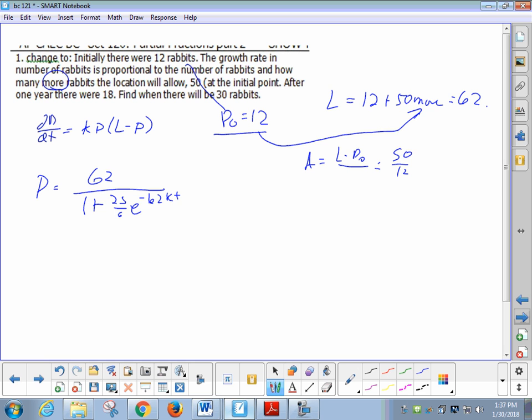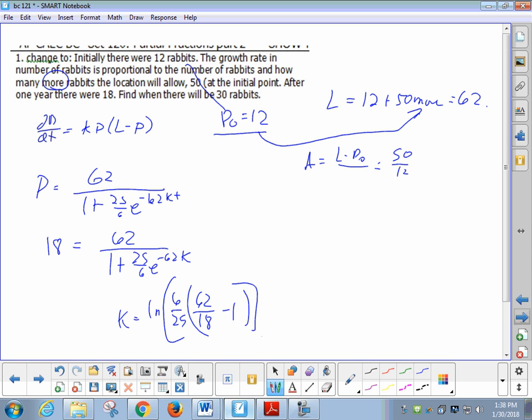They give you a second case. They say the population is 18 at time 1 year. That allows you to plug 1 in for t and find k. K would be something like the natural log of 62/18 minus 1 times 6/25, divided by negative 62.